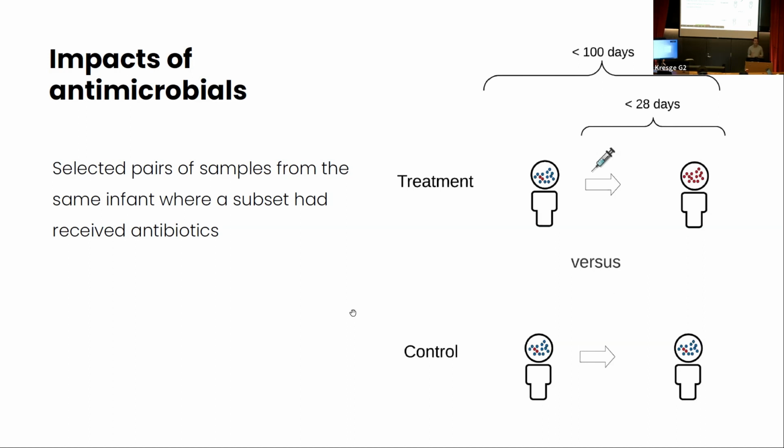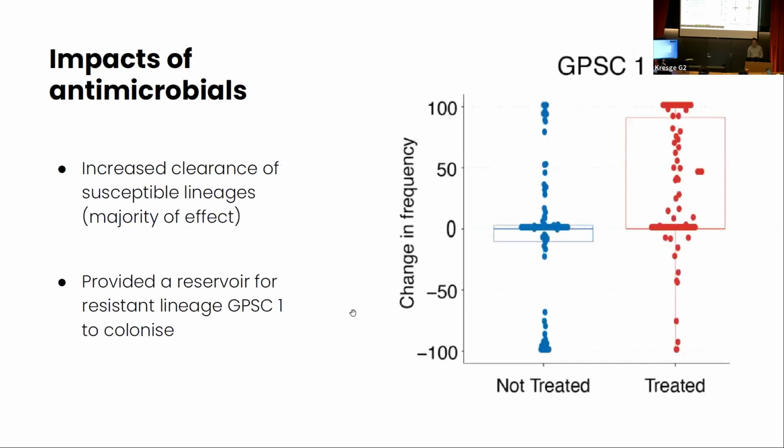And we were looking at whether there was a difference in the prevalence of resistance elements or other elements in children after having received antibiotics. And what we found at the lineage level was that children who'd been treated with antibiotics were much more likely to have a dominant lineage that was the multi-drug resistant lineage, GPSC1, or Global Pneumococcal Sequencing Cluster 1.